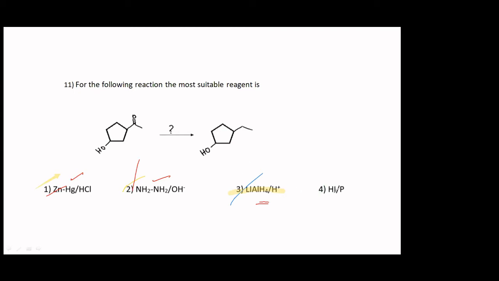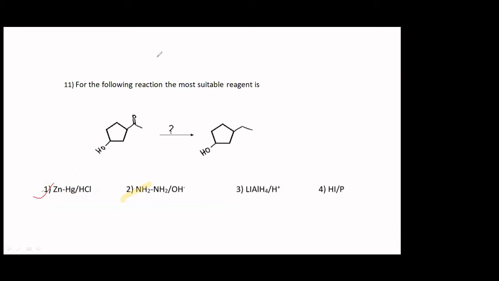But these two will reduce only till the alcohol stage. They cannot reduce the carbonyl compound to a hydrocarbon. So these two are ruled out. Among these two, which one are you going to consider? Now that I gave you a hint, you answer.